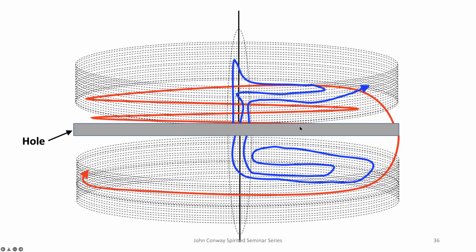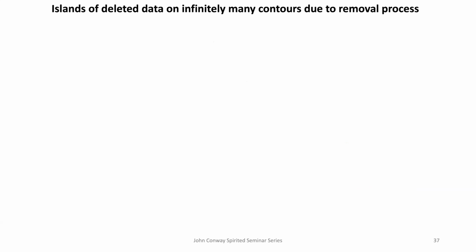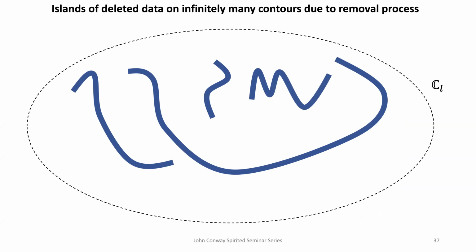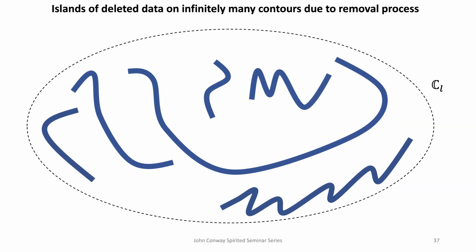Once we remove this, because of the removal process, the bundle becomes such that there is a hole between the two. Within a bundle there is a big hole. Because of that, the contours cannot travel anymore between the bundle if the hole forms there. The red and blue indicate two different contours. So let us define based on that. These kinds of islands are formed just because of the deleted properties.